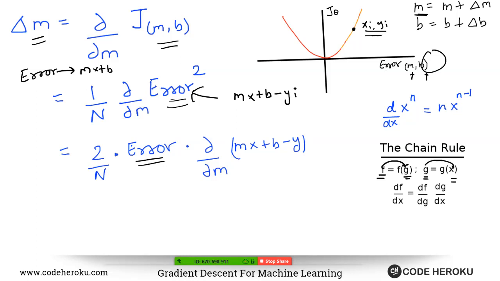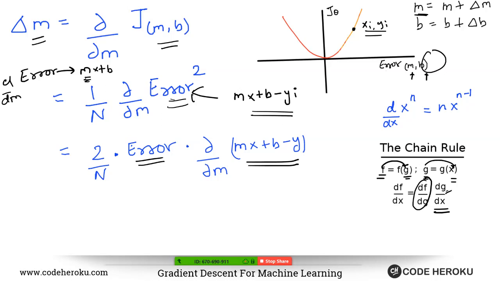We are trying to take a partial derivative of this df by dx, a partial derivative with respect to m. Then what chain rule tells us is you can do that. The only thing is you do that derivative, but also multiply that by d by dx of the g. So the g in this case is the mx plus b minus yi, right? And that's what we are doing. We have to still take a partial derivative with respect to this equation as well.